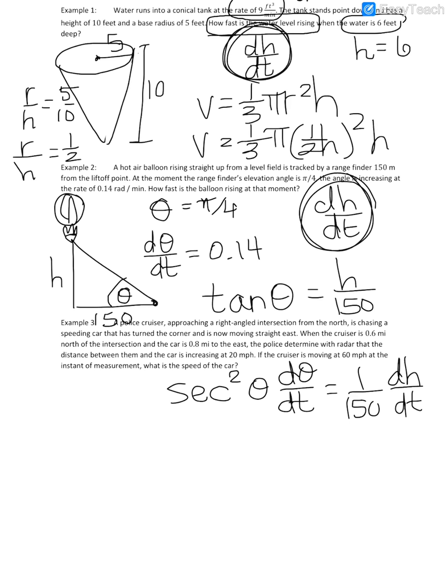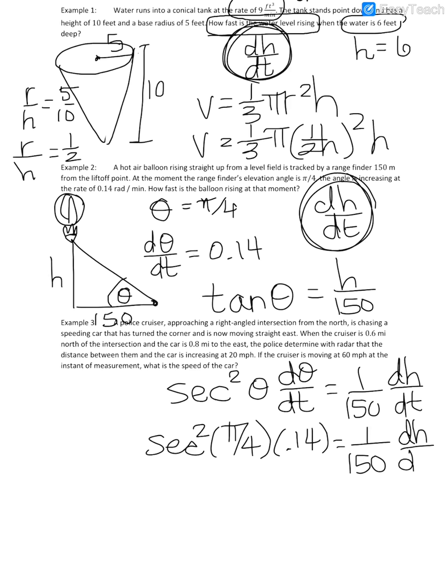All right, now I'm plugging everything in. So my theta is pi over 4. My d theta dt is 0.14. And I'm looking for my dh dt. All right, secant squared of pi over 4. Remember your t-chart?